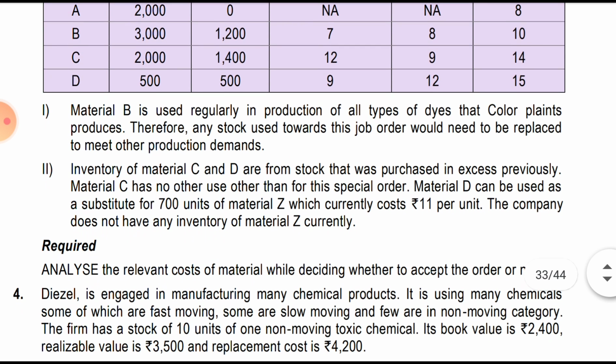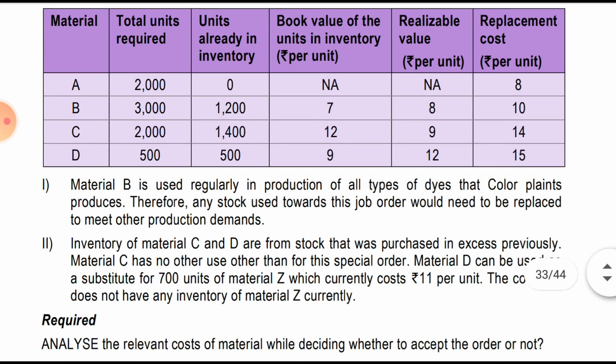Material C has no other use than for this special order. The inventory of C which is lying is 1400, and we require 2000 units. So we will multiply 1400 by the realizable value of 9, and the remaining 600 will be multiplied by the replacement cost, because we have to purchase the additional 600.